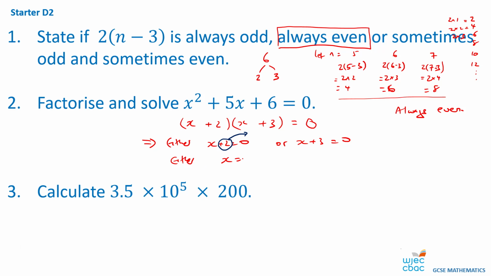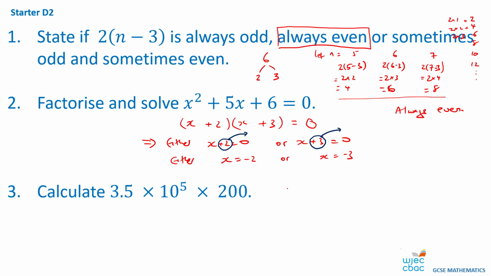So we have x equals minus 2, and same here, we take our plus 3, when it crosses the equal sign, it becomes minus 3. So x equals minus 3.